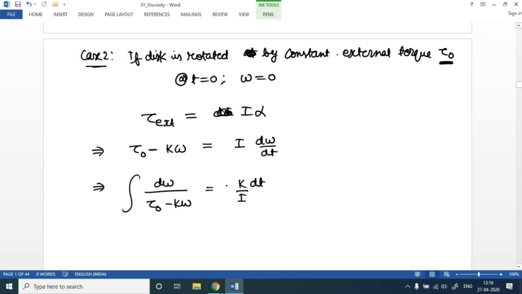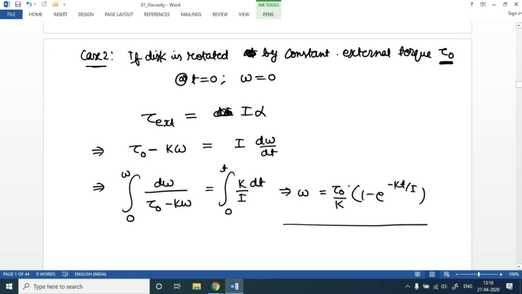And again, we can integrate both sides with appropriate limits. At t is equal to 0, the initial angular velocity is 0, and at t is equal to t, we wish to find the angular velocity omega. This will give us omega is equal to tau naught by k into 1 minus e to the power minus kt by I. You are very aware of this expression.